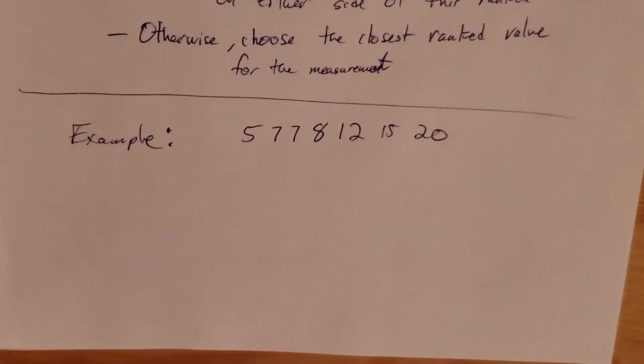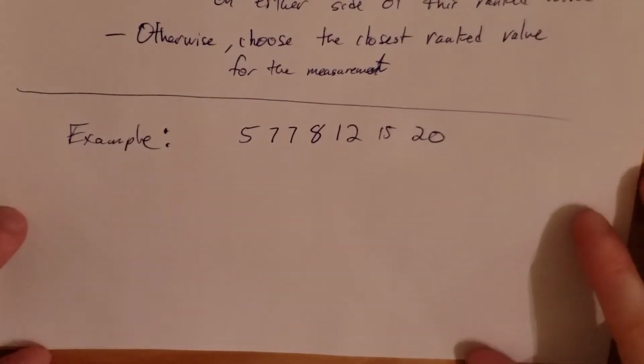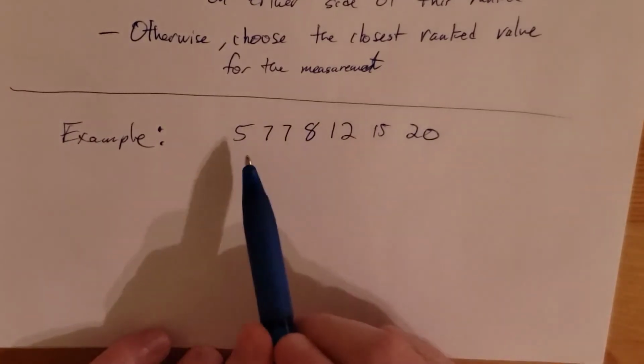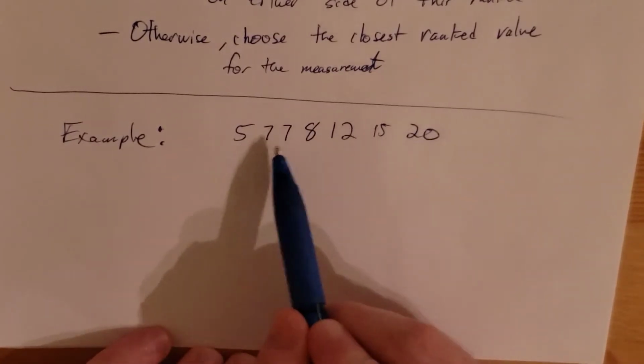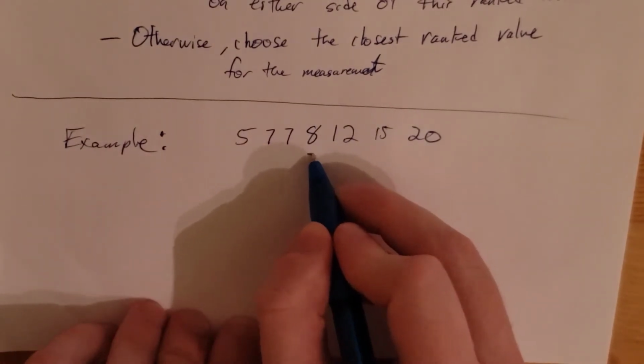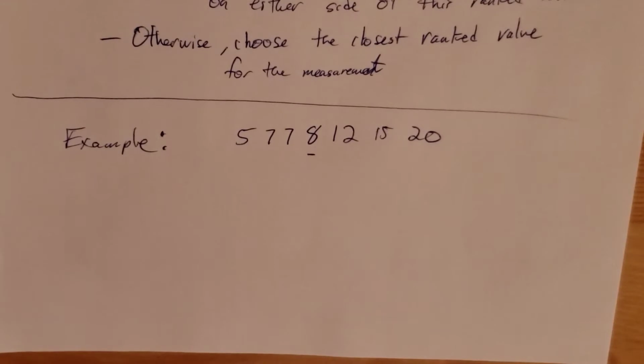So let's suppose we have these 7 measurements. Well, you all know that the median is the middle number, so we find that 8 is our median. But what is our first quartile and third quartile?